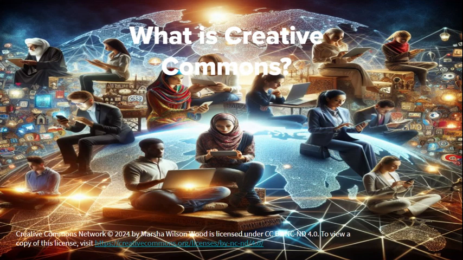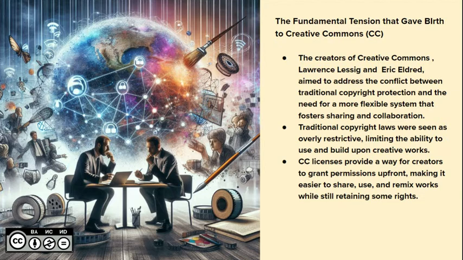Let's start by understanding the fundamental tension the creators of CC aim to resolve. Traditional copyright protection was designed to secure creators' rights, but it often became too restrictive, limiting the ability to share, use, and build upon creative works.